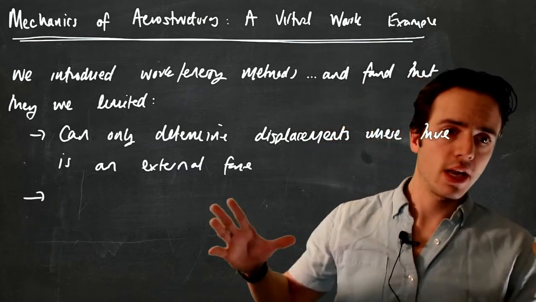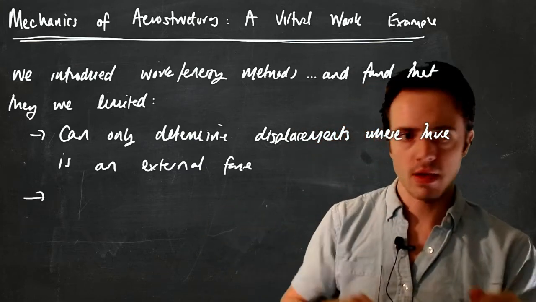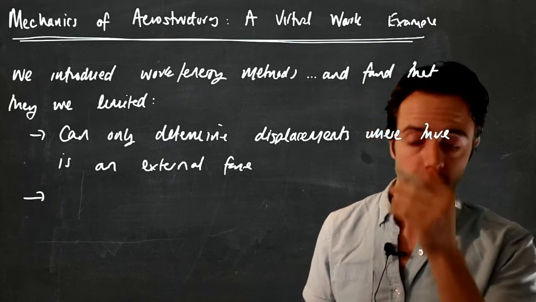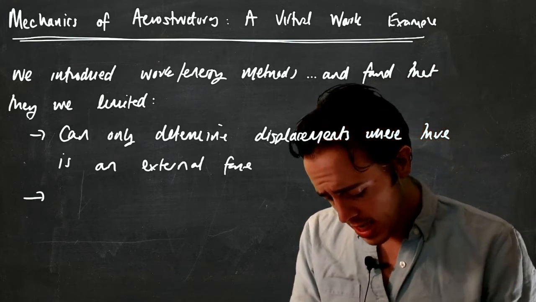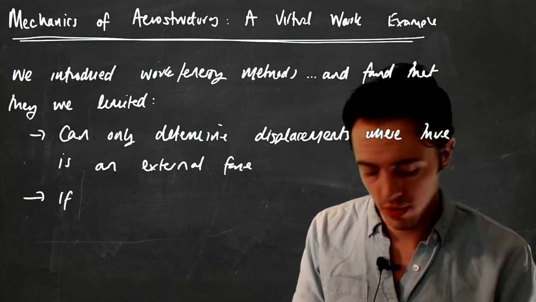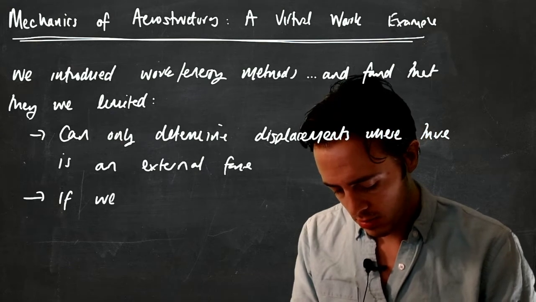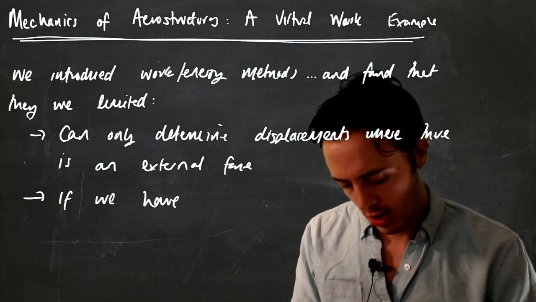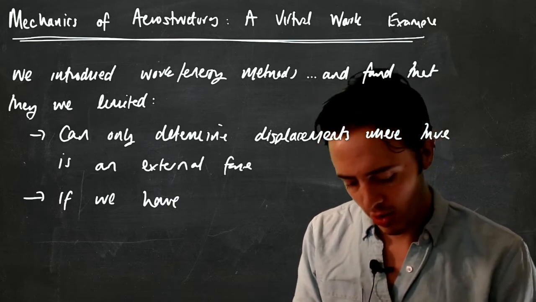With just plain old work energy methods, we can only get displacements if there happens to be a force already acting on the structure somewhere. And secondly, if we have more than one displacement, then we haven't got enough information to solve the problem. If we have more than one force and associated displacement, there's too many unknowns for us.